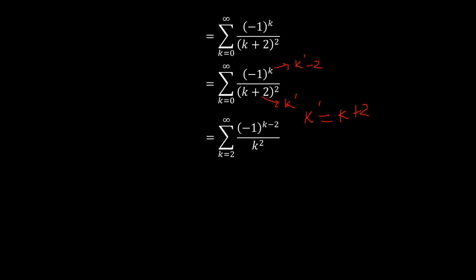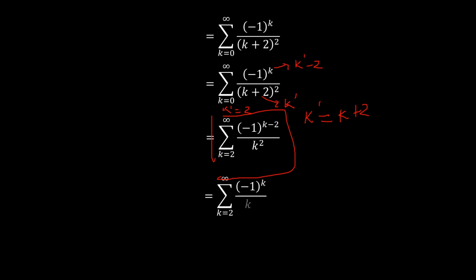And when k equals 0, k prime equals 2. And so we can now shuffle back k prime to k, so that's why we get this expression here. So just imagine k prime being what is k here.